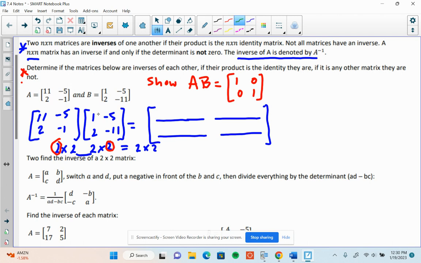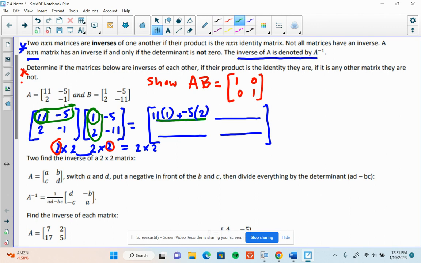Let's remember how we find these different entries of the matrix. If I want the entry in the first row, first column, I take the first row and multiply it with the first column. We take the 11 times the 1, first number here, first number there, and then we add. We move across the row and take the -5 and multiply it with the +2.